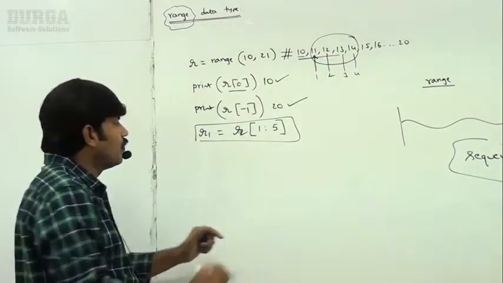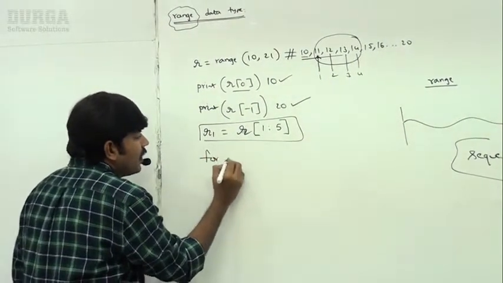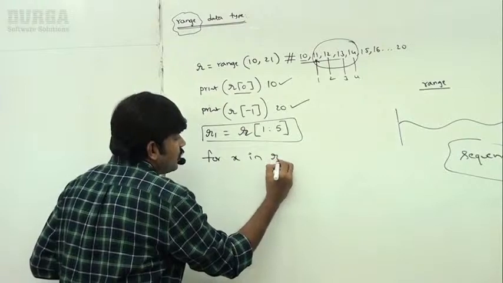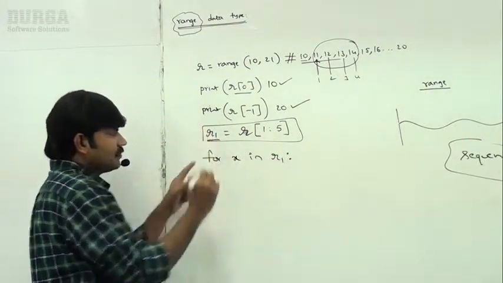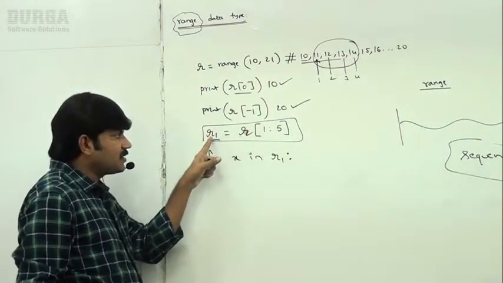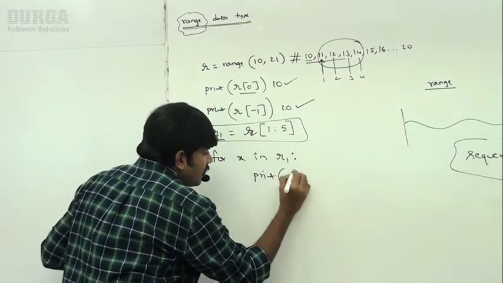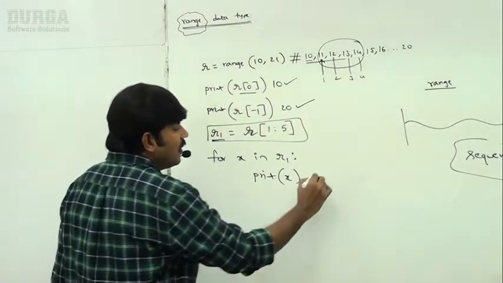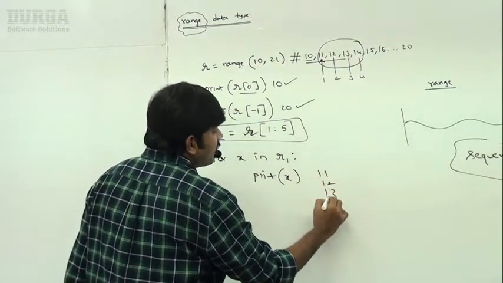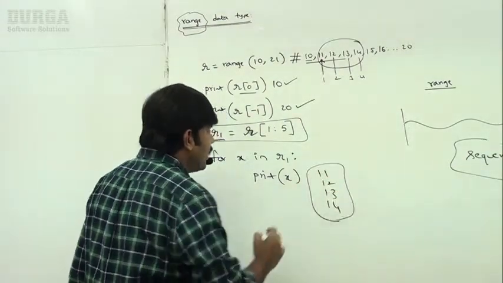I want 11 to 14. For each x value in R1, the slice operator returns a range object only. Print of x value. What output do I have to get? 11, 12, 13, 14. Am I going to get it or not?